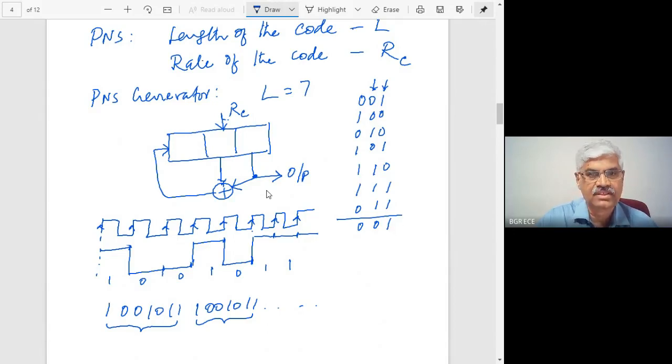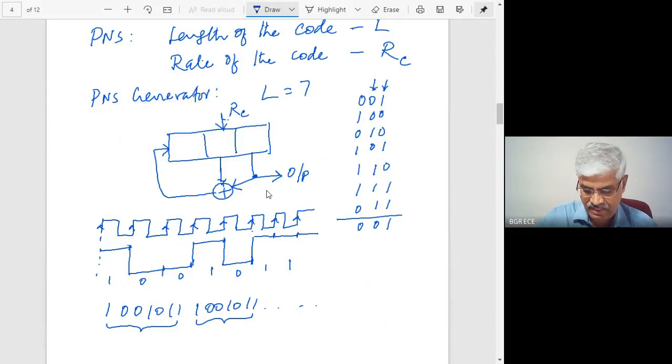And this kind of sequence has such properties. All the properties of a noise sequence are built into this sequence, and that's why it's called a noise sequence. But it is not a random sequence because it is predictable, it is generatable. So it is called pseudo. It is pseudo noise, not exactly noise. A sequence which has all the properties of randomness built into it, but at the same time, it is possible to generate such a sequence. That's why it's called pseudo noise. This is how the name has been given.